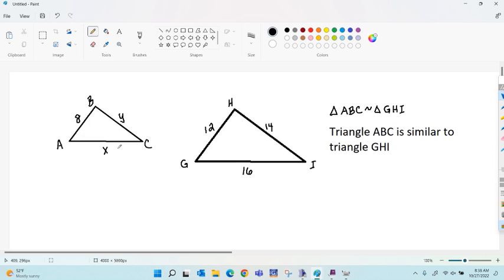So if you're trying to do something like find X and find Y, which will be our directions, you're going to have to do that as two separate problems, two separate ratios.